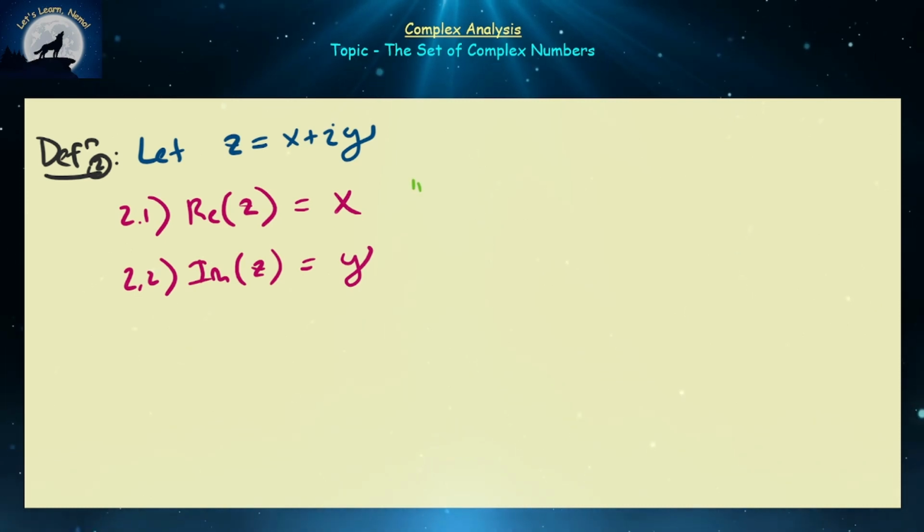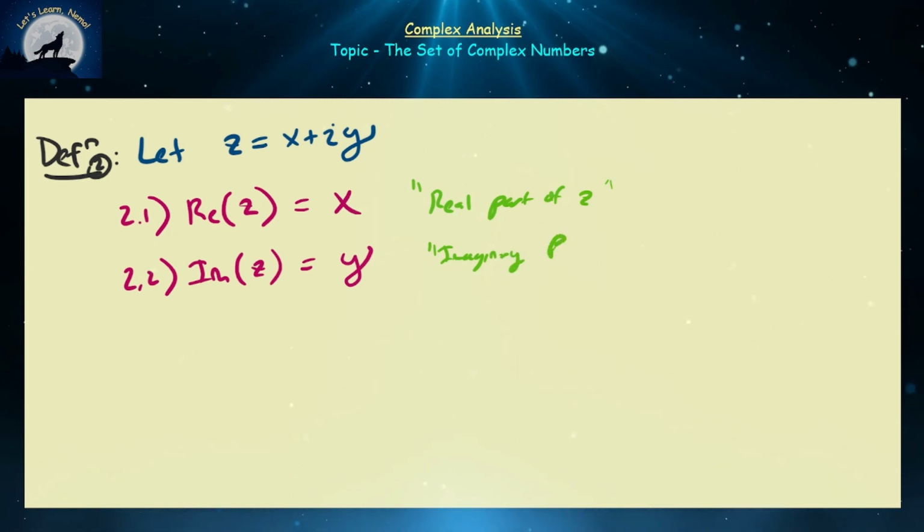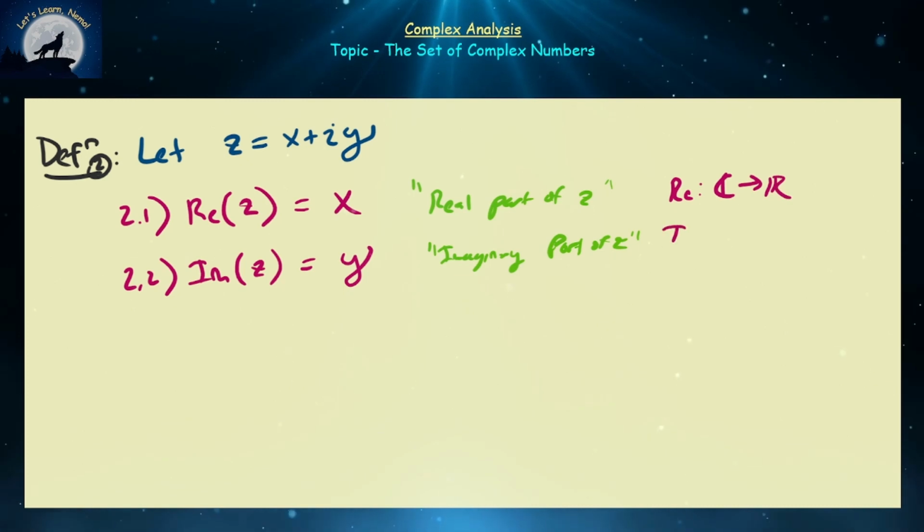So some people will call Re the real part of z, and Im z is sometimes referred to as the imaginary part of z. And obviously both of these functions, for example, Re maps C to R, and similarly, the imaginary part will also map C to R, right?